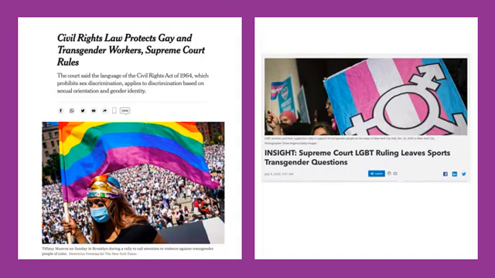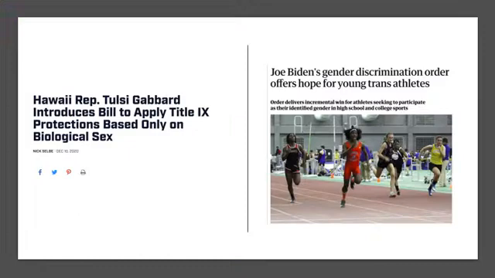Like I said, I think this stuff is playing out as we speak, and there are new legal cases every day involving states creating bans for trans athletes, and then we also see the introduction of a federal bill in the House just this past year, where they're seeking to essentially limit Title IX protections to only biological sex.